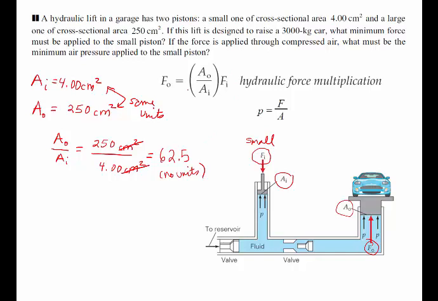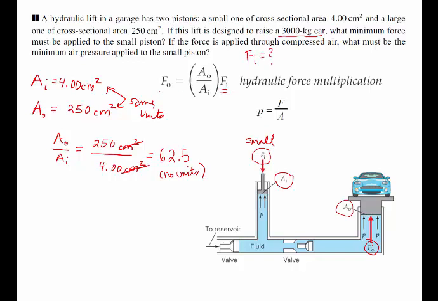So now we're ready to figure out what exactly the force is. This lift is designed to raise a 3,000 kilogram car, and we want to know what minimum force must be applied to the small piston to do this. So we're looking to find F_i.